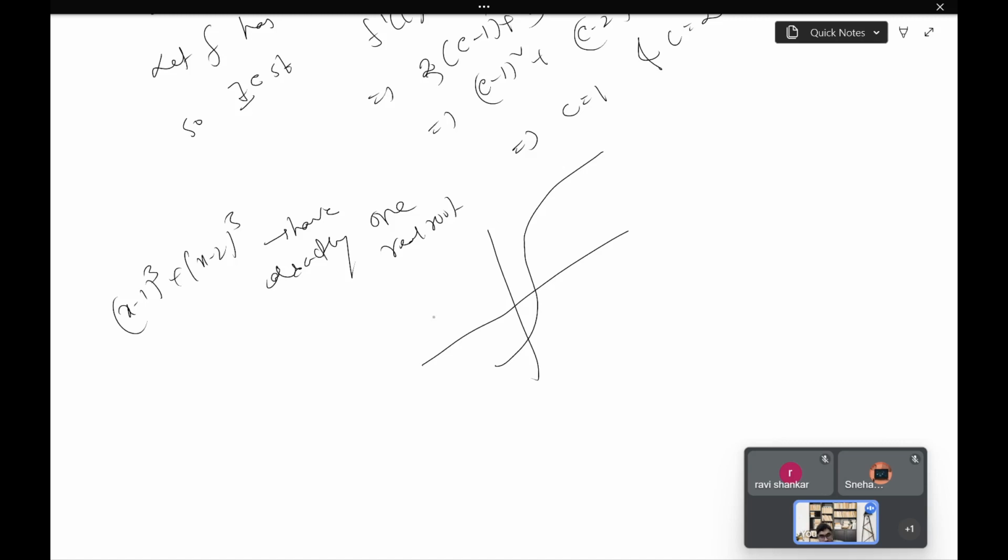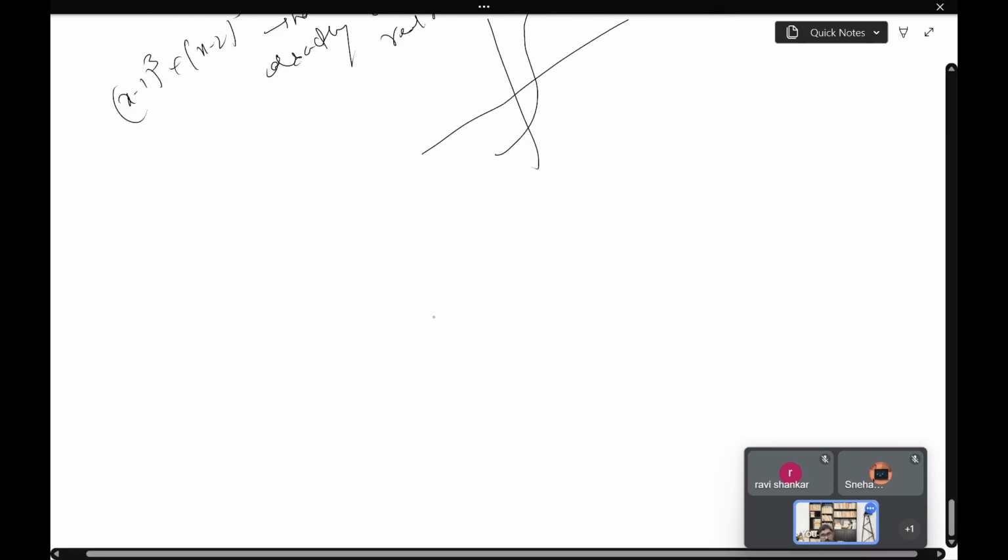So you all know about Lagrange's mean value theorem, right? So there is a problem on this.